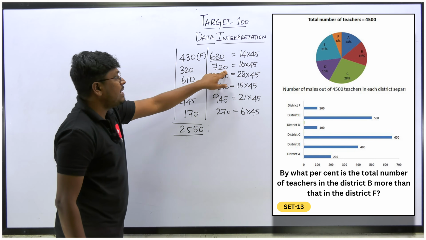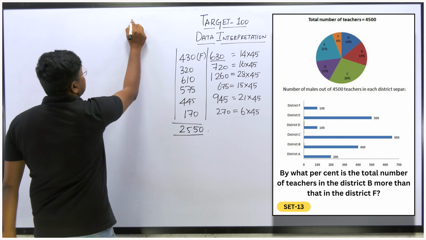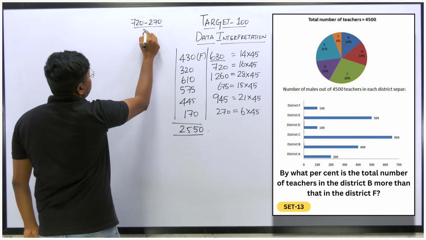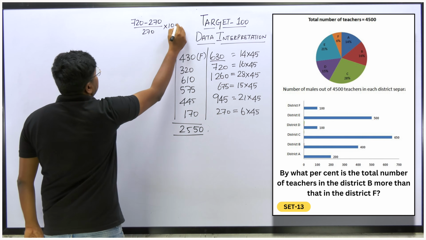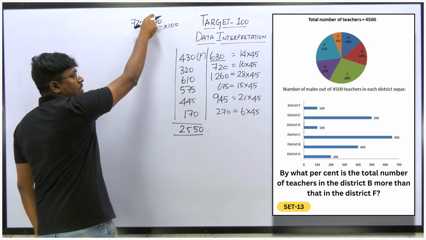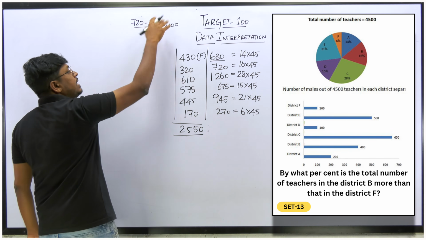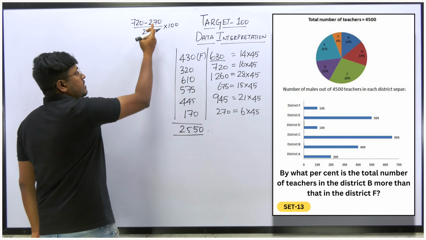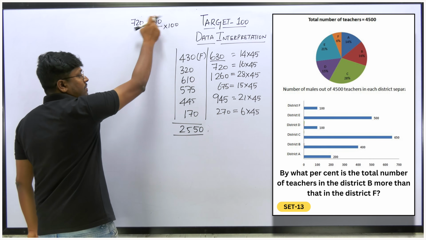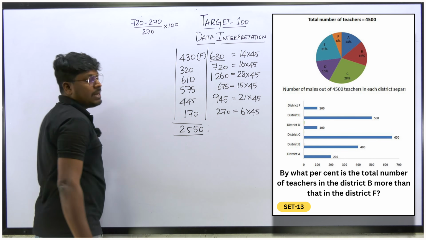So 720 and 270. So 720 minus 270, divided by 270 into 100. That's it. Because when you subtract 270 from 720, you will get a positive value, so we can say it is a percentage more. If it is percentage less, then 270 should be written first and 720 second, so when you subtract, the resultant answer will be negative, right?